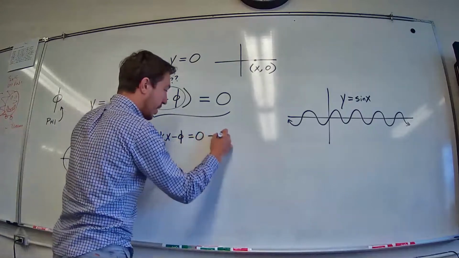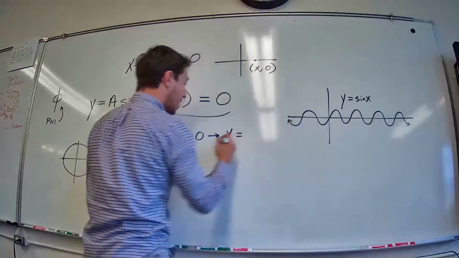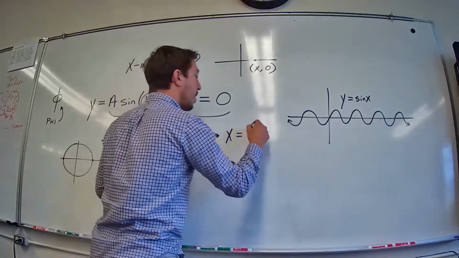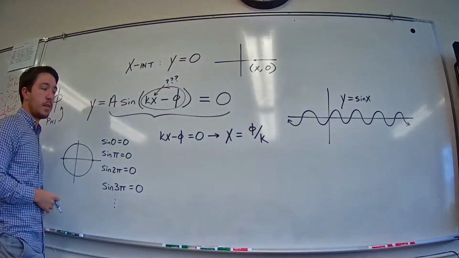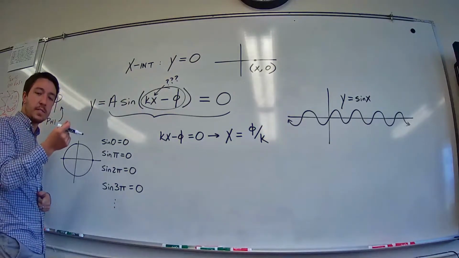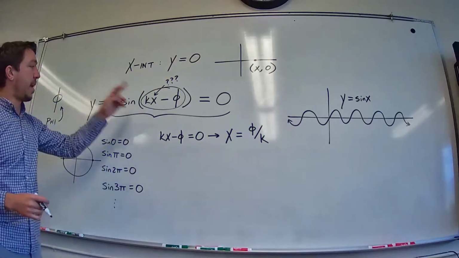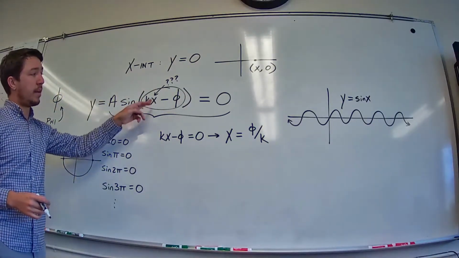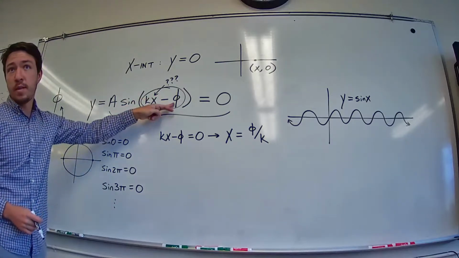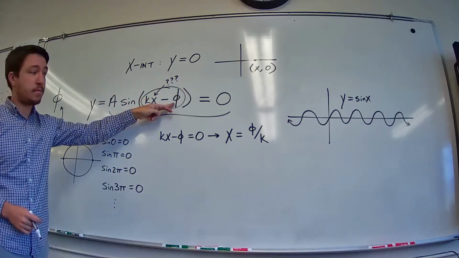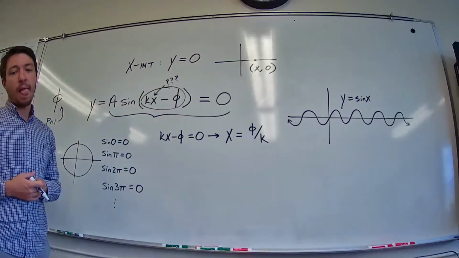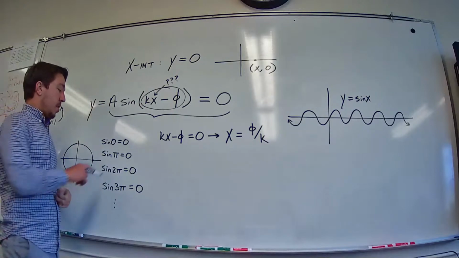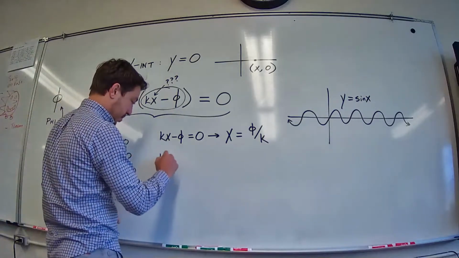And the answer to that would be x equals phi over k is the first one. So just for example, if k was a 3 and phi was a 2, the first x-intercept would happen at 2/3. Okay. All right, next one.